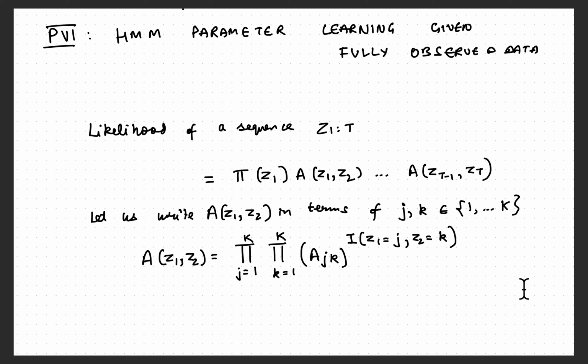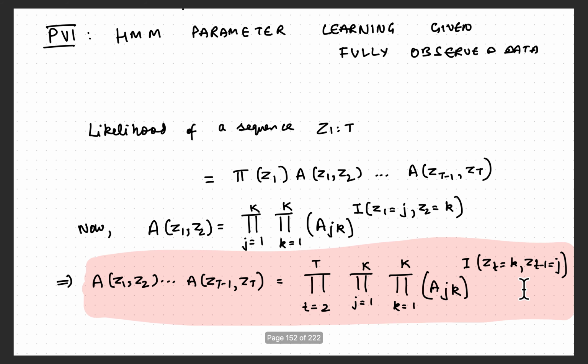Now, you notice that there is this product of multiple terms, a z1 z2 through a zt minus 1 zt. So could you now write the product of all of those terms in a more convenient form? You can leverage the above formula that we've written for a z1 z2 and try to generalize it across time. So you can thus write it as a z1 z2 and the product till a zt minus 1 comma zt.